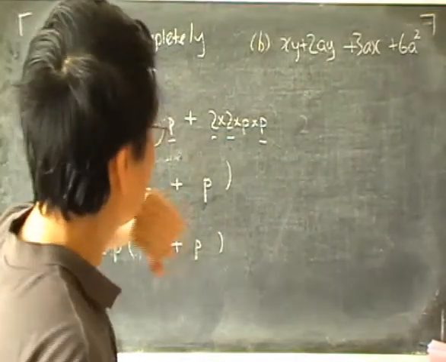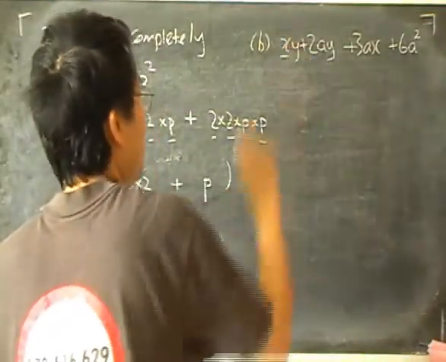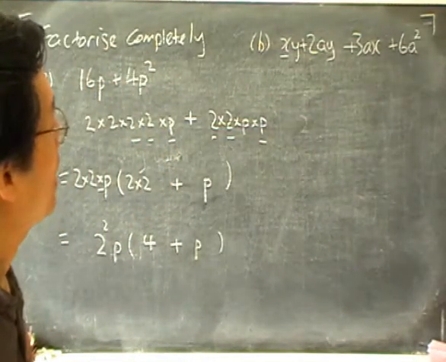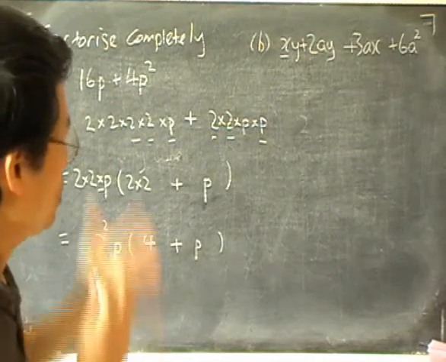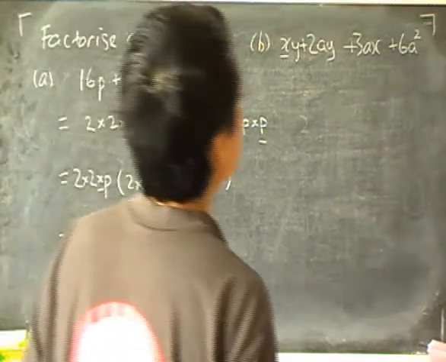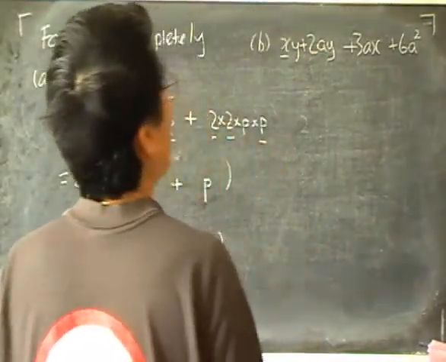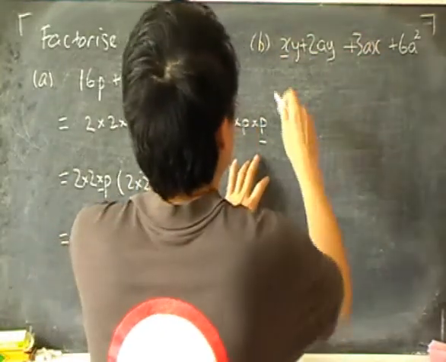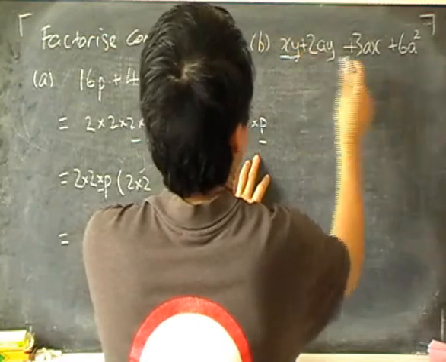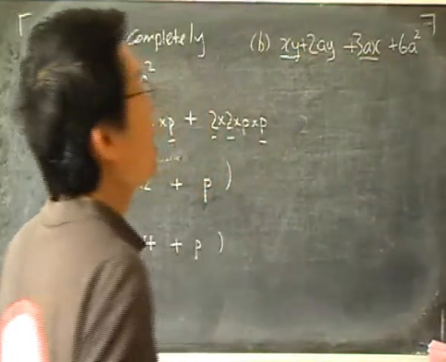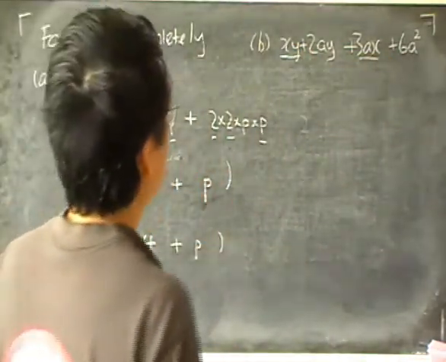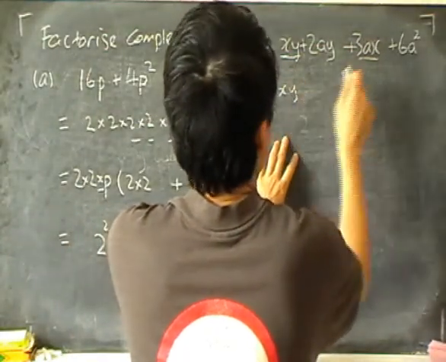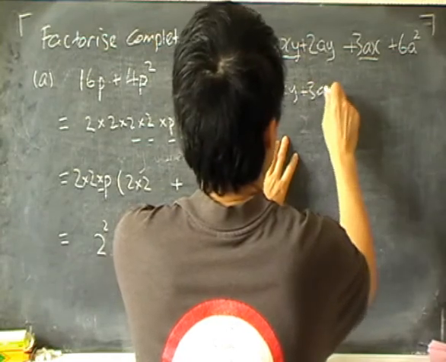So let's start by trying x. Now, if I want to try x, what does that mean? That means that I want to look for terms that contain x. So that would be that one and that one. So let me put those two together first: xy plus 3ax.